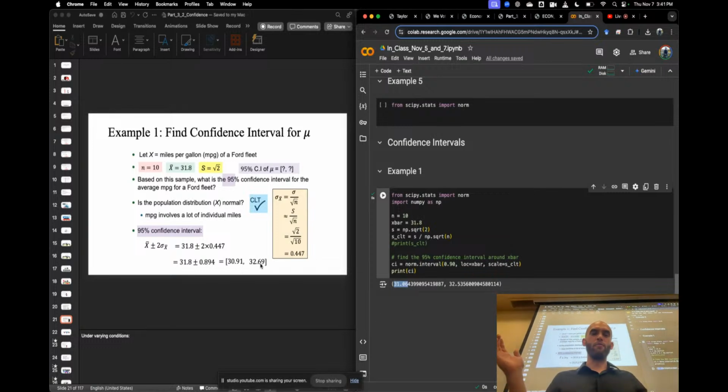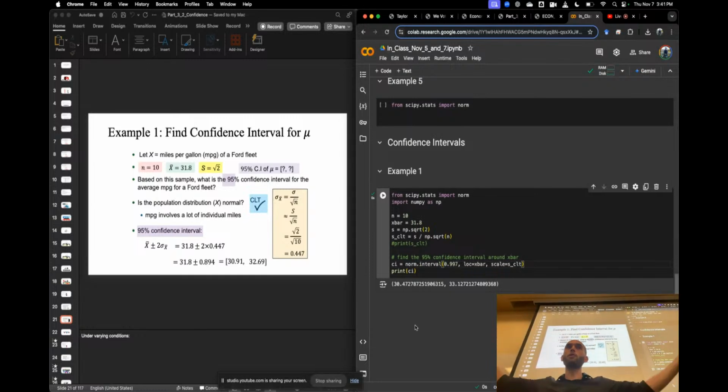Our upper and lower bounds are tighter. And if we wanted to be even more confident, we could do 99.7, which is our 3 sigma. And that's further away. So if you want to be more certain, you have to increase the bounds. The upper and lower bound will contain more of the distribution if you want to be more confident.